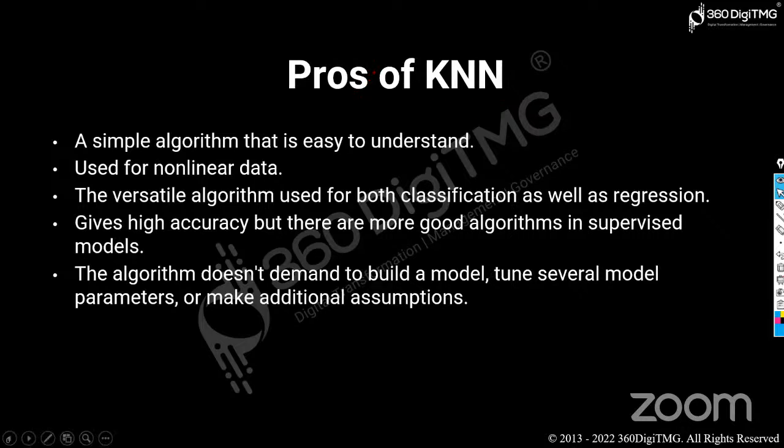Talking about the pros and cons of KNN. What are the plus points when we talk about KNN? Obviously, we know that it is a very simple algorithm that is very easy to understand. It is used for non-linear data. It is a versatile algorithm used for both classification as well as regression. In the first slide, we discussed it. Besides this, it is also giving high accuracy.